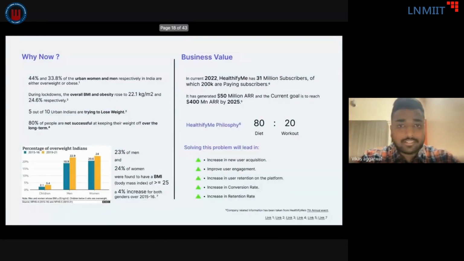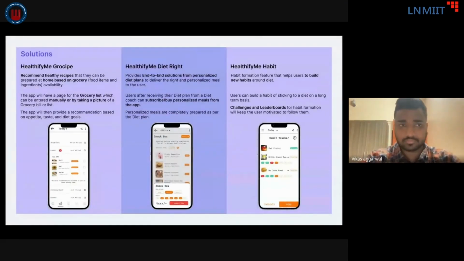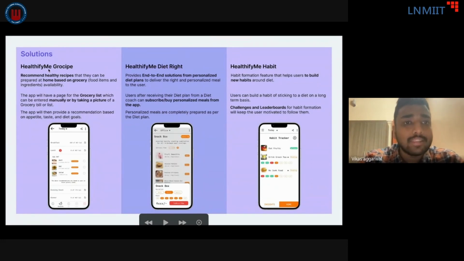So just coming again to the HealthifyMe example. So these are the 3 solutions that I have suggested for HealthifyMe, मतलब अभी है नहीं ये HealthifyMe में। So this is HealthifyMe Grocery, one is HealthifyMe Diet Right and one is HealthifyMe Habit। अब HealthifyMe Grocery पे क्या होता है?